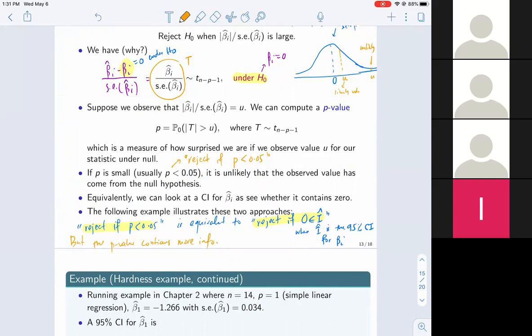Anyone? You guys checked out? Anyone still here? Just give me some explanation. It doesn't have to be accurate. What do you think of a p-value?